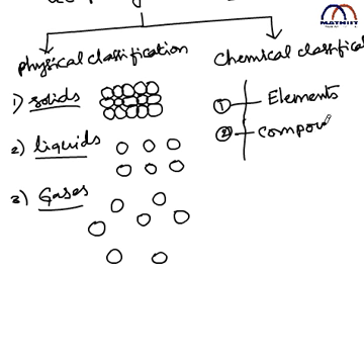We should be acquainted with these words, otherwise you will get confused again. What is the meaning of an element? What is a compound? What is a molecule? What is an atom? If you have clarity about all these words which we are using in the mole concept, then you will not get confused again. That is why I am trying to clear all these things: elements, compounds, and mixtures.